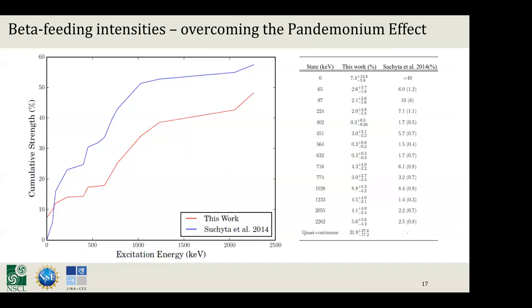The important thing about using SuN, and its advantage over, say, a germanium array, is that you can overcome the Pandemonium effect. The Pandemonium effect is extremely well known. It's been known for years.